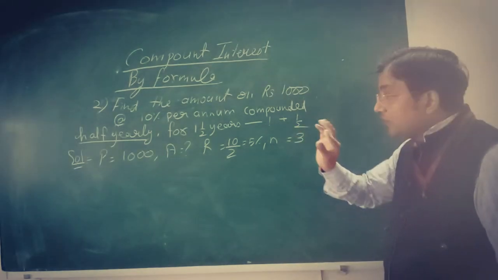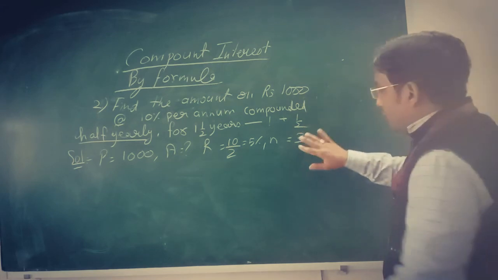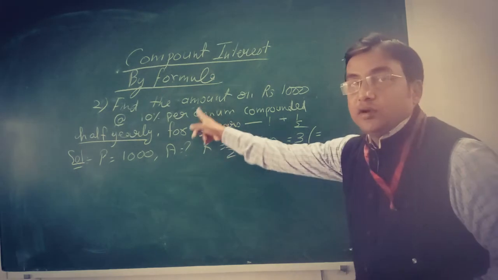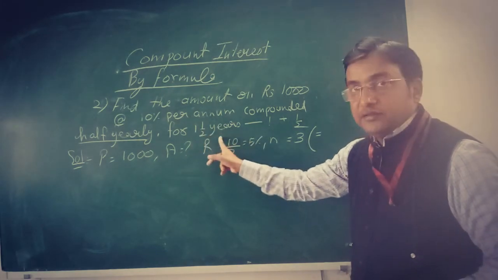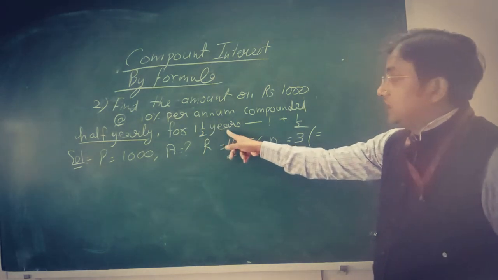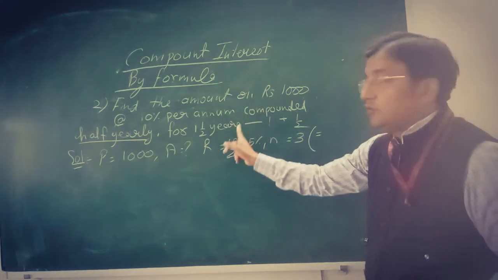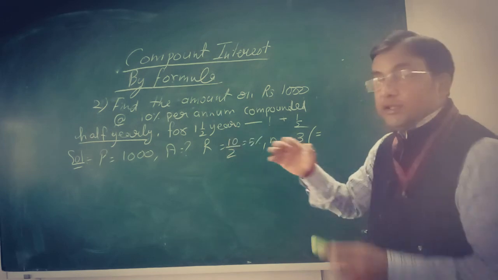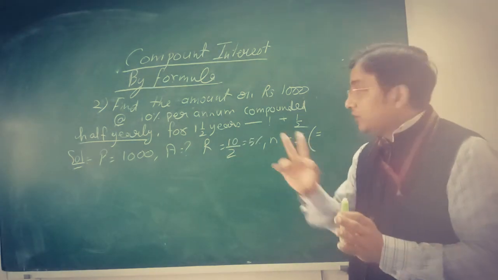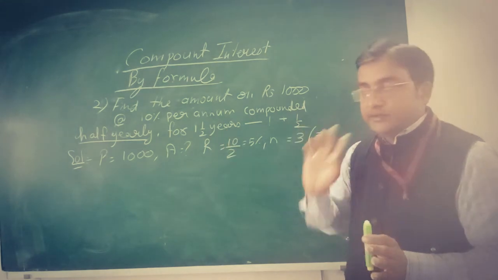Or you can simply do one thing. You can also do it like this. It is given in years. You just multiply by 2 to convert it to 6 months, because in year and month there is a relation of 2. Because 1 year has got 2 six months.